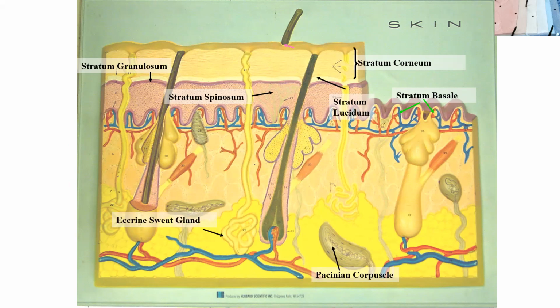There's a sweat gland, again, to help keep us cool when we get too warm. And we have pores releasing to the surface. Okay, and an oil gland. The erector pili muscle is shown there.